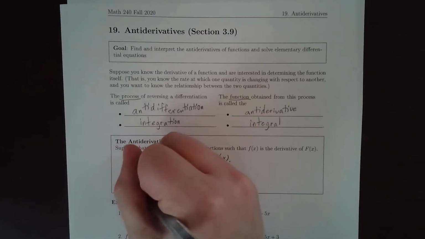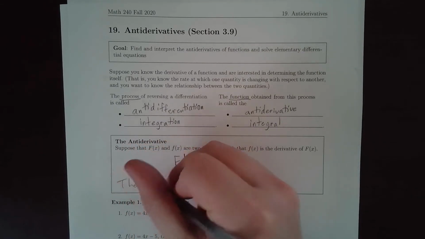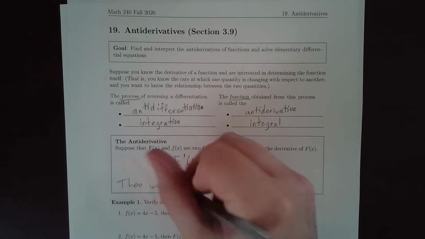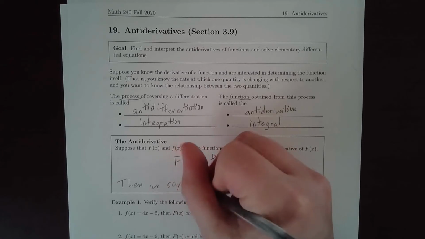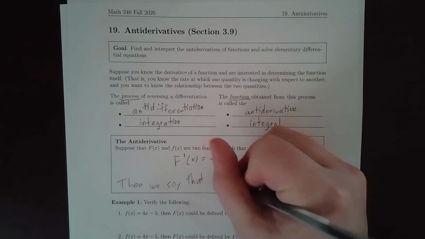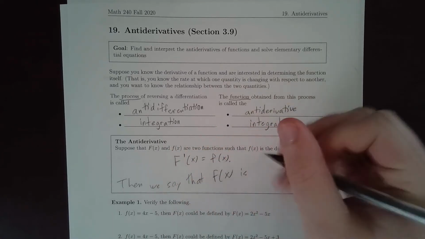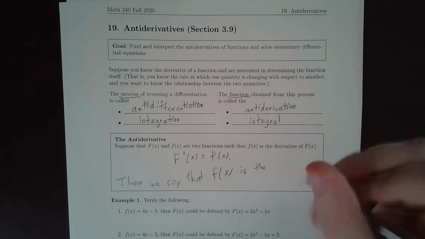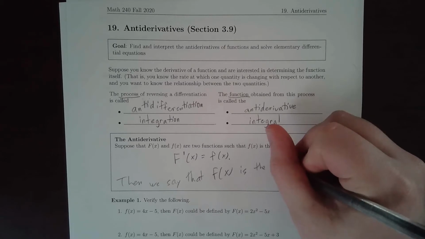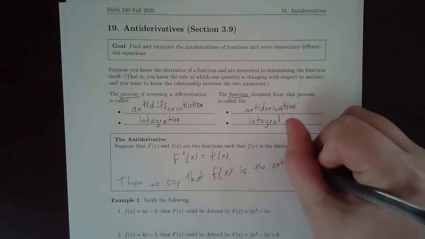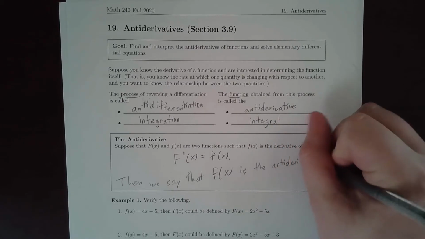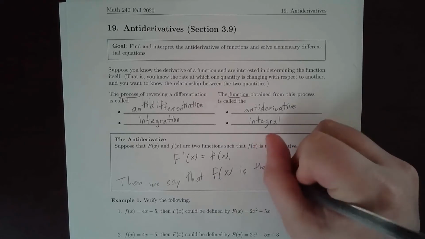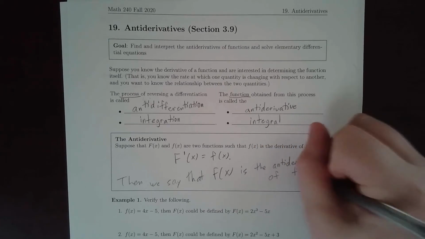Then we say that big F of x is the antiderivative of little f of x.